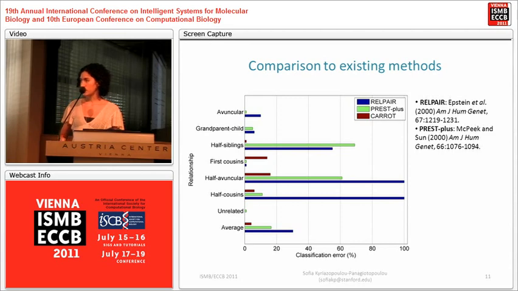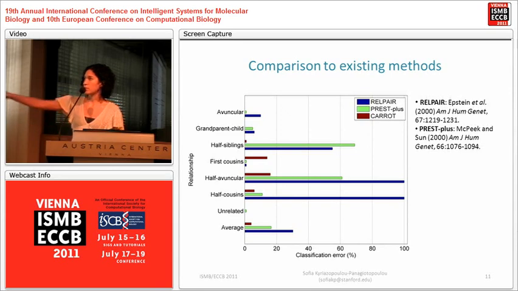The results are shown in this plot where on the x-axis is the classification error, that is the number of pairs of relatives that were classified into the incorrect relationships by each of these models. And the error is shown for each of the relationships considered.